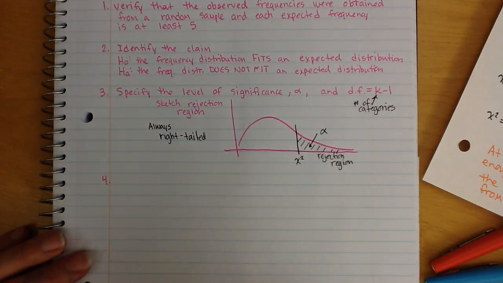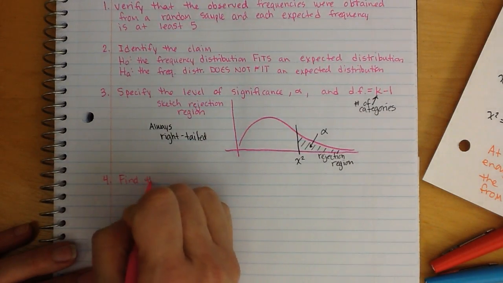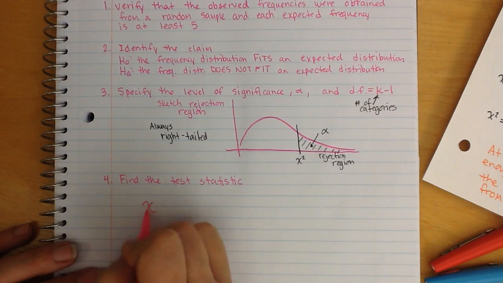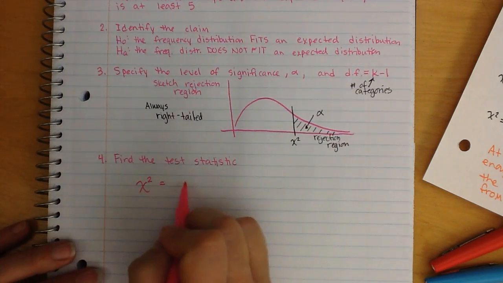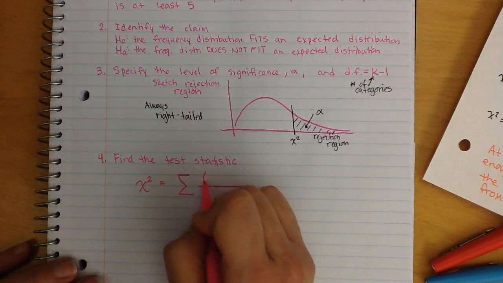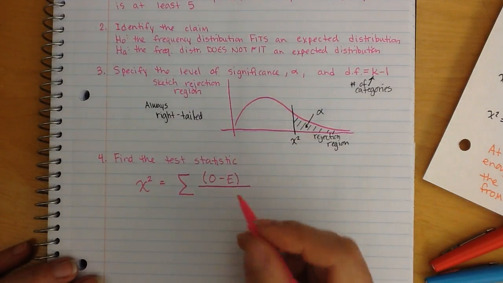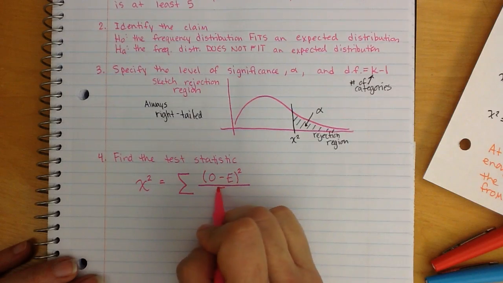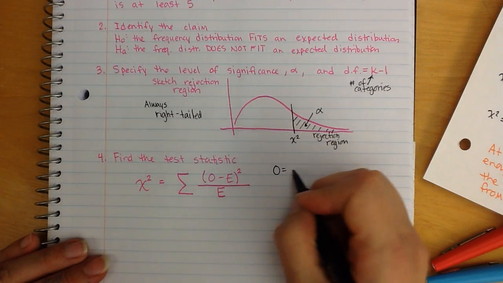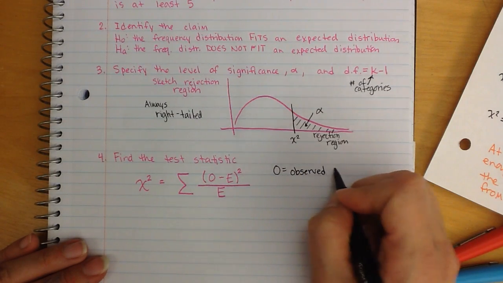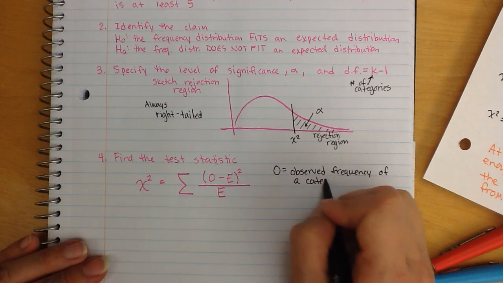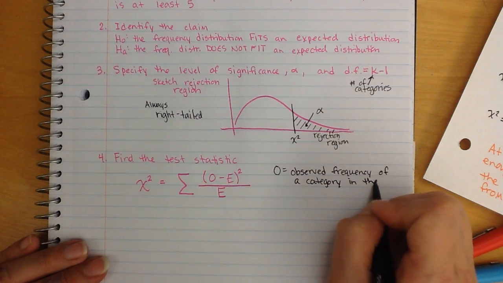Next, we're going to find the test statistic. And it's a chi-square value. It's chi-squared equals the sum of this big fraction. I'm going to tell you what these letters are in a minute. It's O minus E squared divided by E. So O is the observed frequency of a category in the sample data.